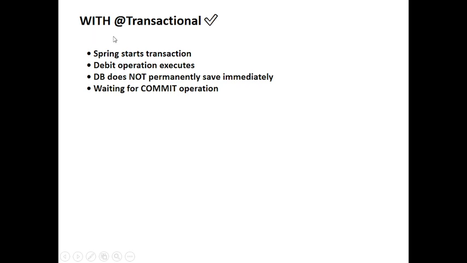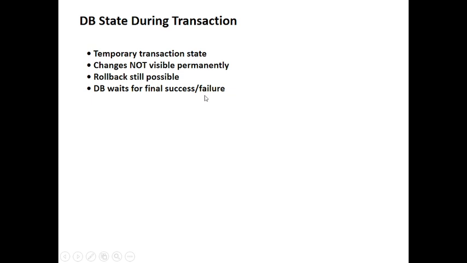Without @Transactional, after the debit operation executes, you are able to see the change in the DB immediately. But with @Transactional, after the debit operation executes, we won't see the change in the DB until the commit operation happens. So the DB doesn't permanently save immediately, it waits for the commit operation.